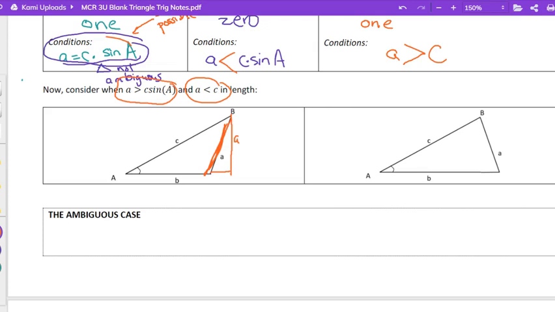So the only two places where it connects is here. Then it's too long, too long, too long, too long, too long, and here.